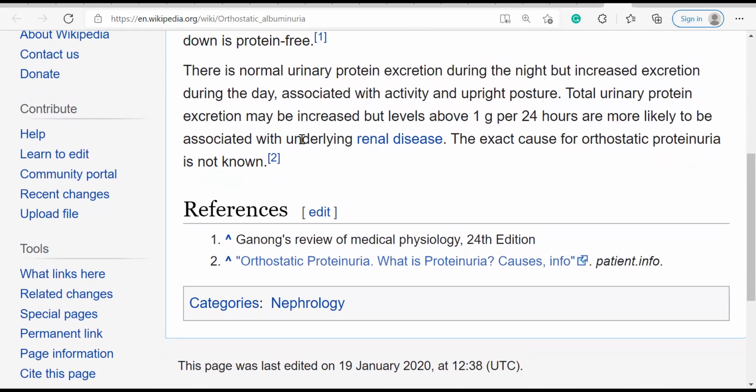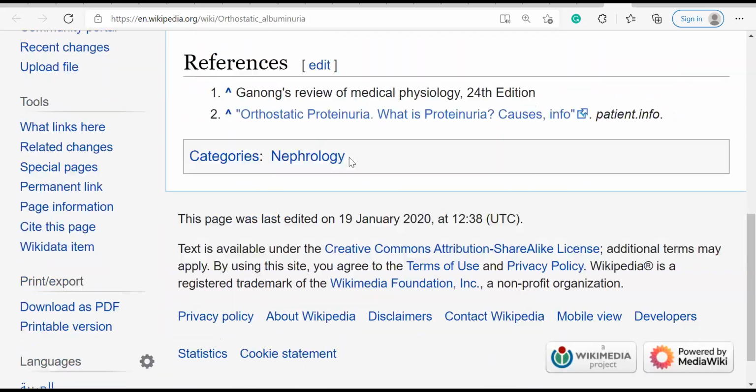Because in the afternoon there is some protein, the total 24-hour urinary protein will be a little bit elevated, but obviously it's a very small amount of elevated protein in the urine, not more than 1 gram. If you get more than 1 gram of protein in the urine, obviously something else is going on rather than some orthostatic, transient or exercise-induced proteinuria. Okay, so 200 milligram, not very high.